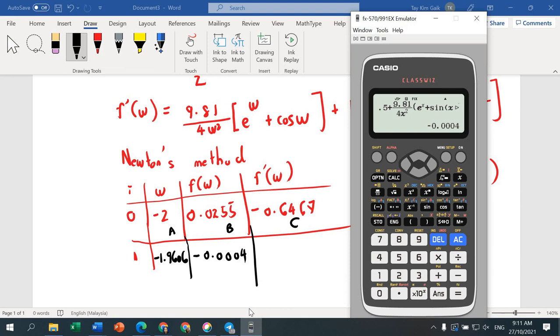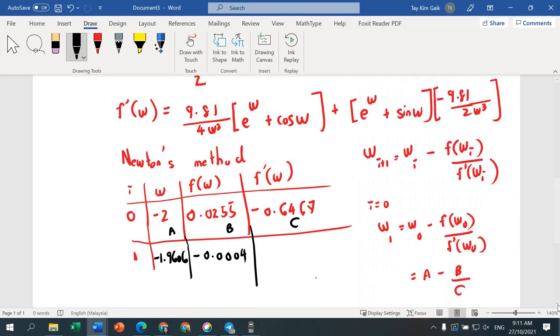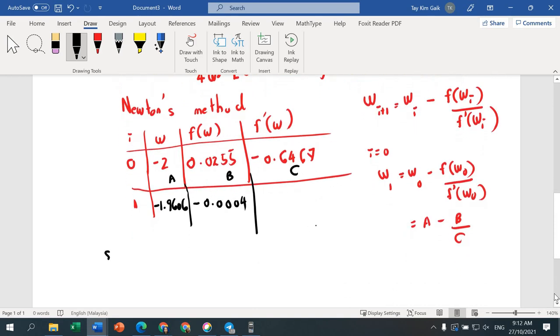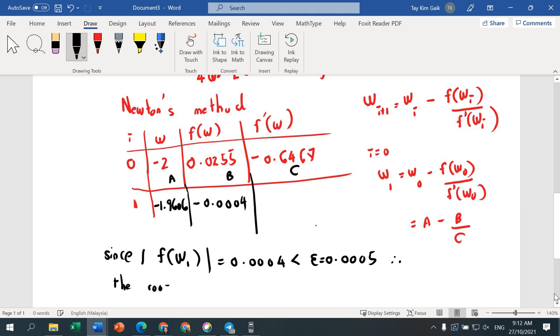If you take the magnitude of f w1, it is 0.0004, which is less than epsilon equal to 0.0005. Therefore, the root is approximately w1, which is equal to -1.9606.